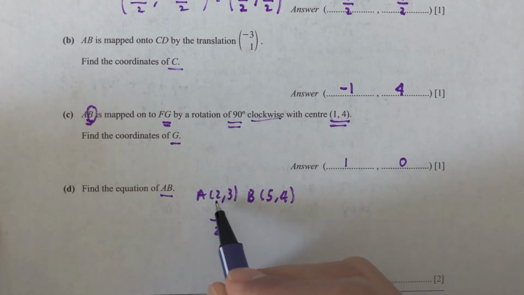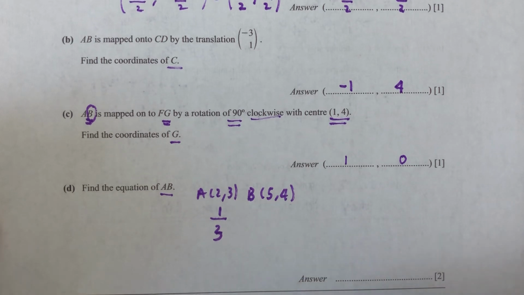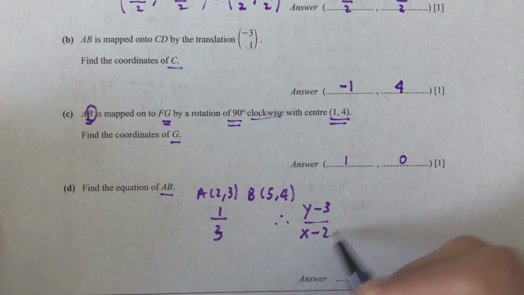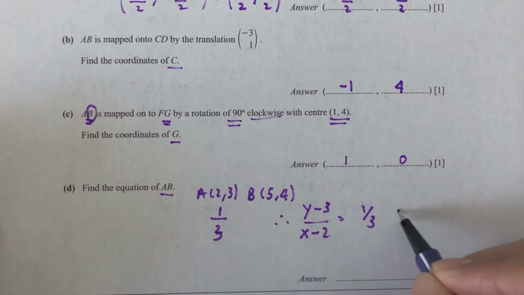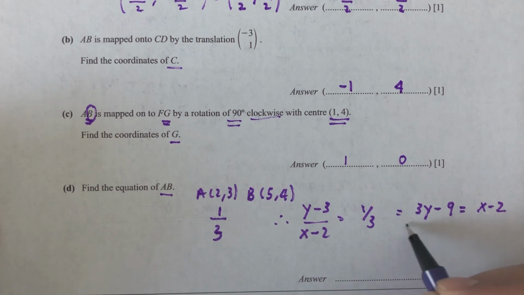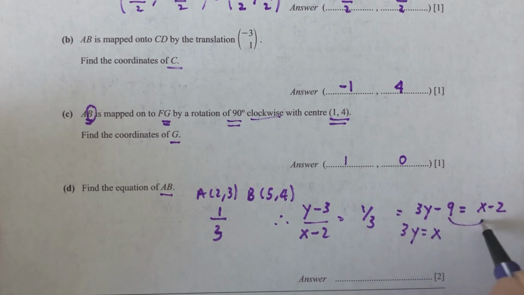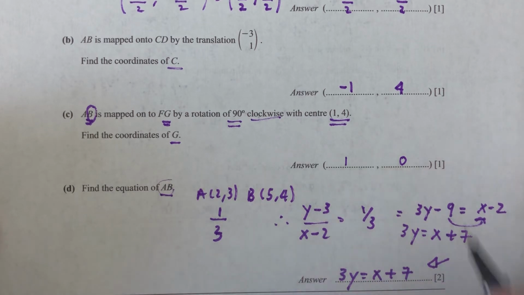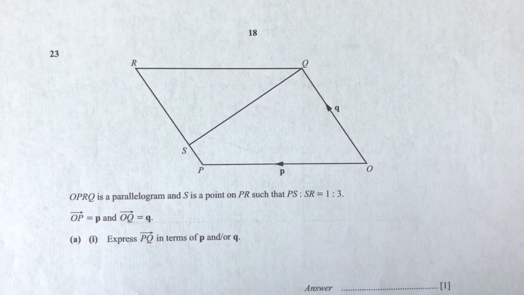Then the line equation will be y minus 3 over x minus 2 equal to 1 over 3. Cross multiply, we will have 3y minus 9 equal to x minus 2. So 3y equal to x plus 7 is the equation of the line AB. And that's it for question number 22.